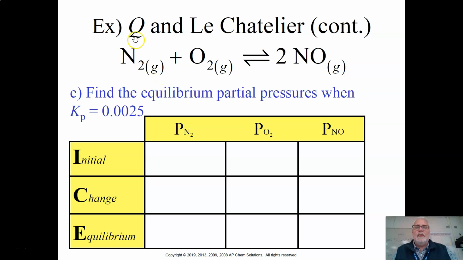So we are going to just do part C of this, and you can see Kp is not so very small in this instance. Okay, they probably changed the conditions for that. All right, so we will attack this problem on the next and last video of this particular section of equilibrium.